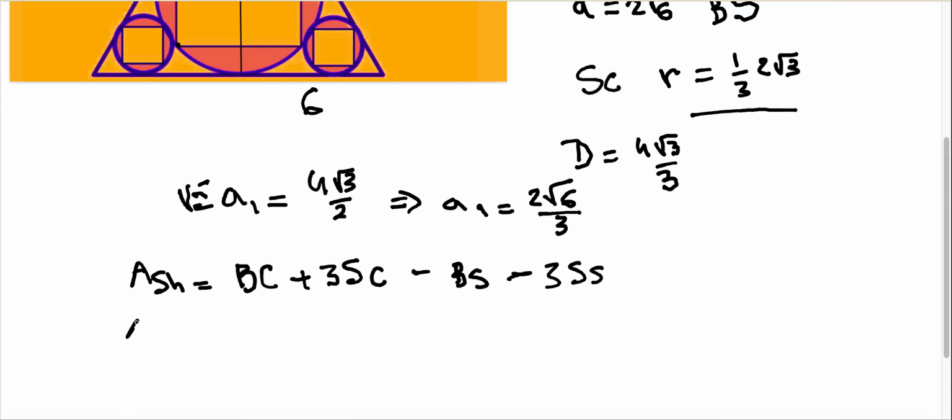The shaded area is equal to pi times r squared, and r was 2 times square root of 3, squared.